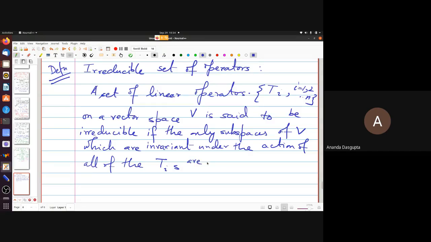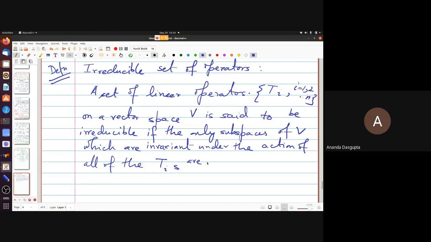Now, it would be rather tempting to say that there are no invariant subspaces under T1, T2, T3, Tn, but that of course will be trivially wrong, because as you know, every vector space always has two subspaces. One of them is the null space, which has only the null vector, and that's obviously invariant under the action of linear operators.